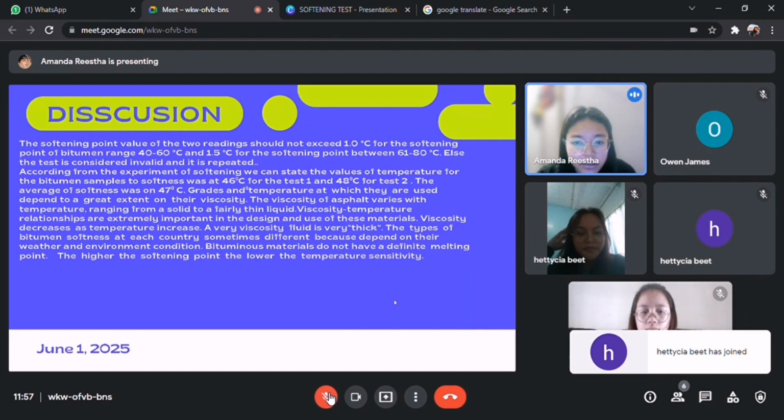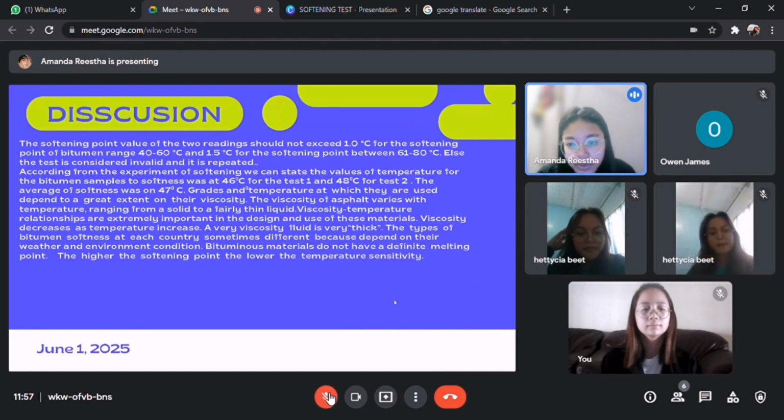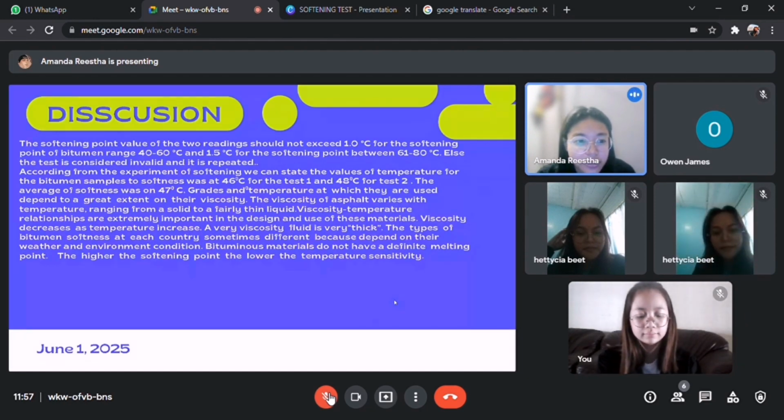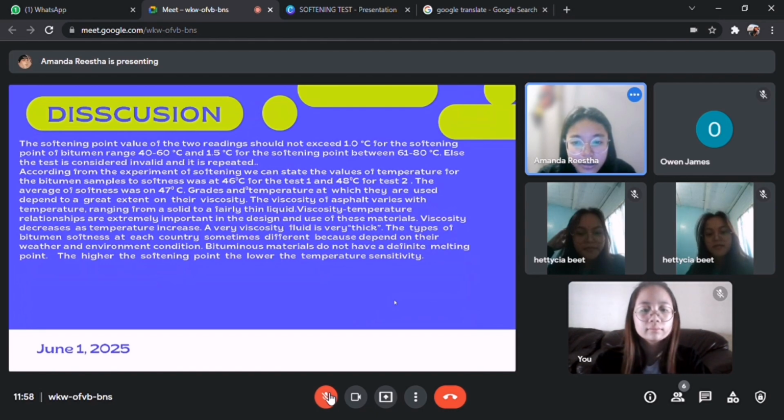Bituminous materials and their uses depend to a great extent on their viscosity. The viscosity of a fat varies with temperature, ranging from a solid to a fairly thin liquid. Viscosity-temperature relationships are extremely important in the design and use of these materials.